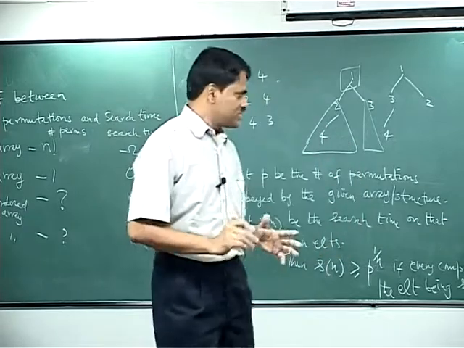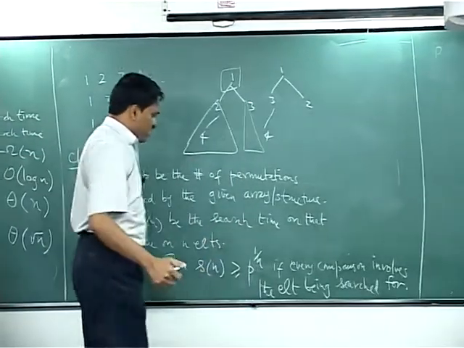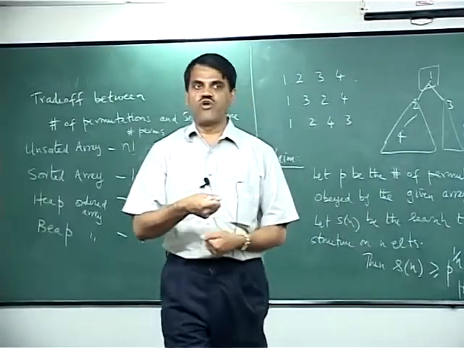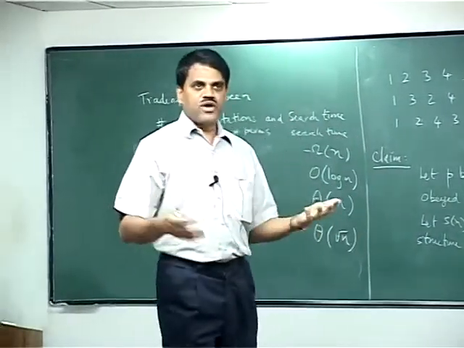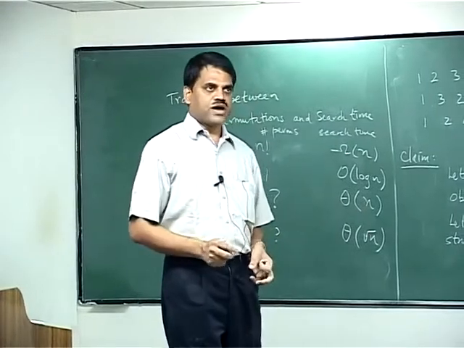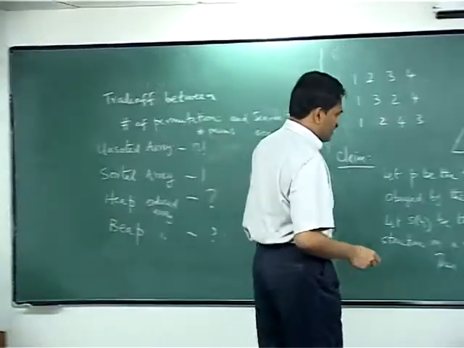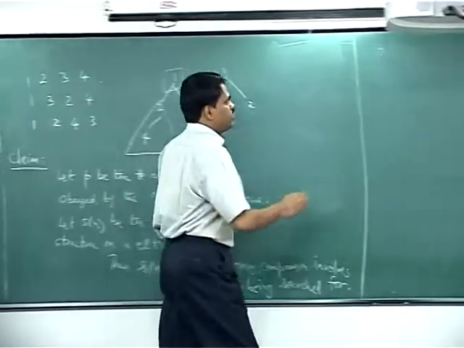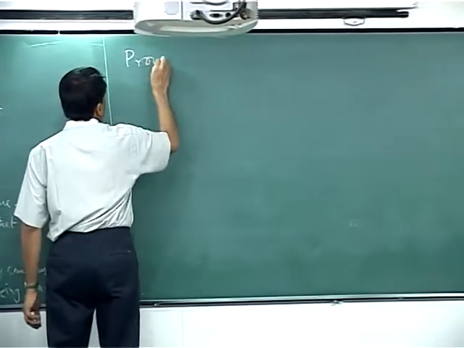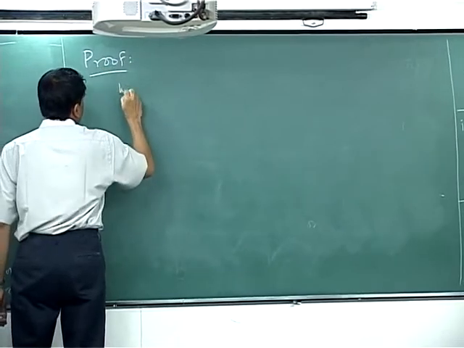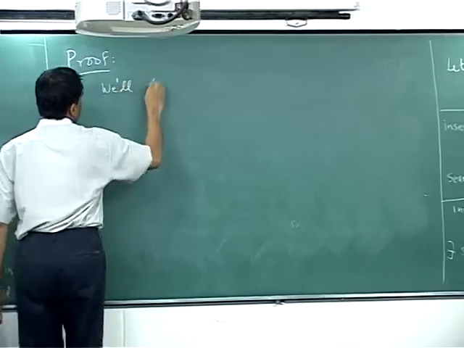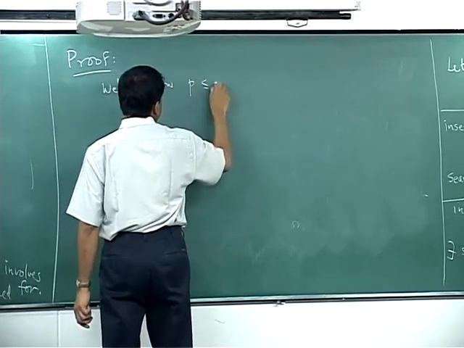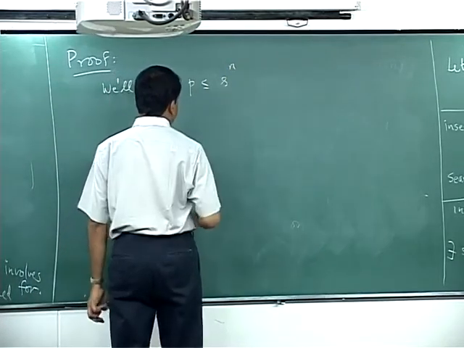But the point of this theorem is that if every comparison in the search algorithm involves the element you are searching for, then the number of comparisons any search algorithm must do is at least p power 1 by n. We will actually show that p is less than or equal to s power n.